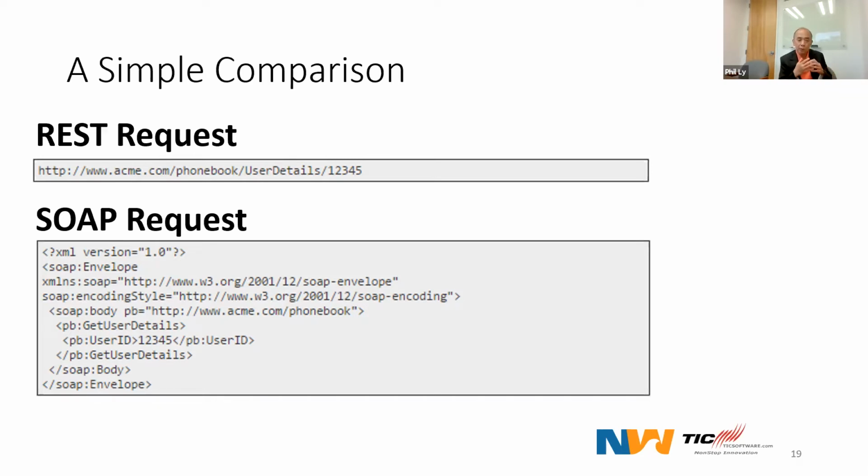REST requests can perform the same thing because REST leverages the HTTP method to convey information and uses the URI to convey information, whereas SOAP has to incorporate all this information within the payload itself. That's one of the things that makes REST lightweight: it leverages HTTP, the URI, and the method, using those standards to convey information instead of incorporating it in the payload.